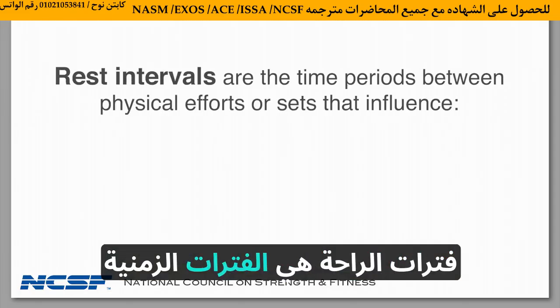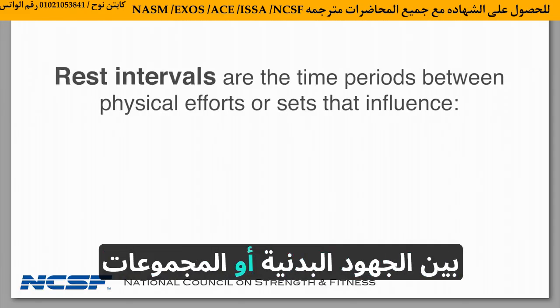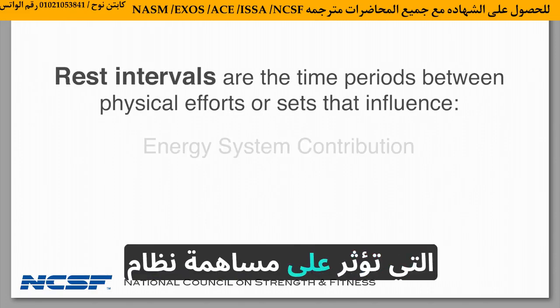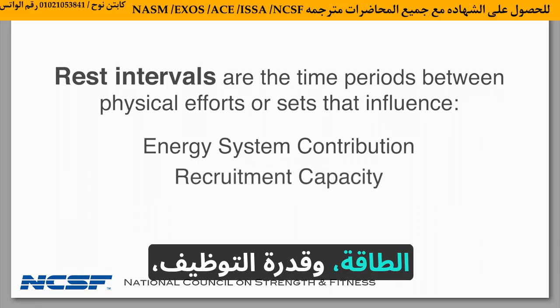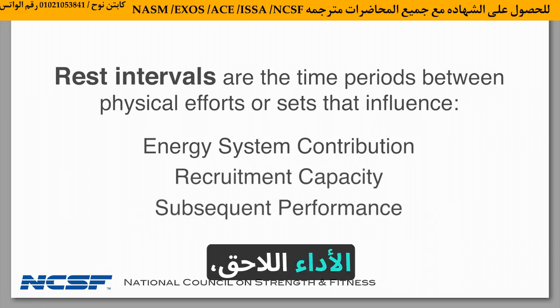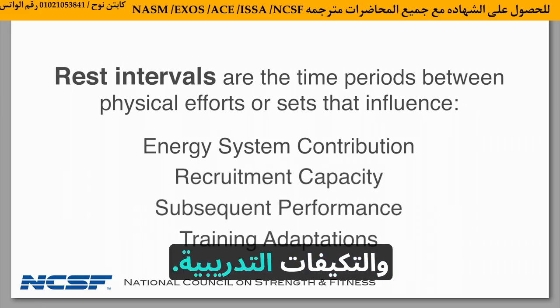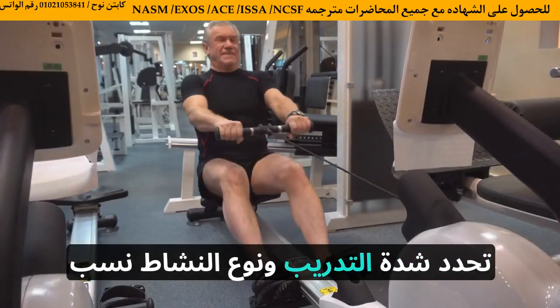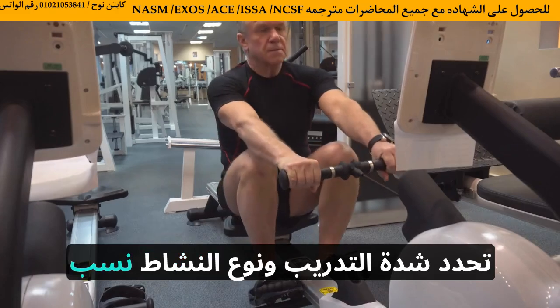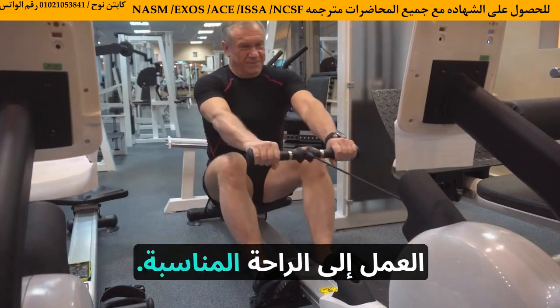Rest intervals are the time periods between physical efforts or sets that influence energy system contribution, recruitment capacity, subsequent performance, and training adaptations. Training intensity and activity type dictate appropriate work-to-rest ratios.